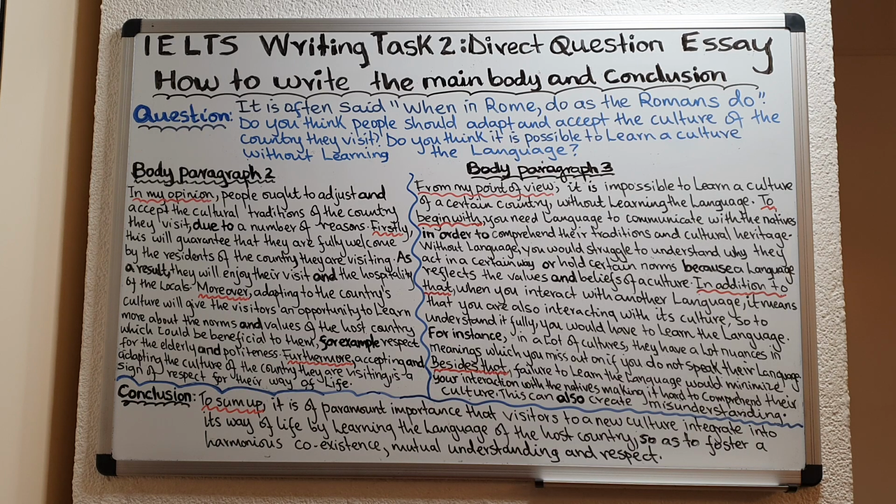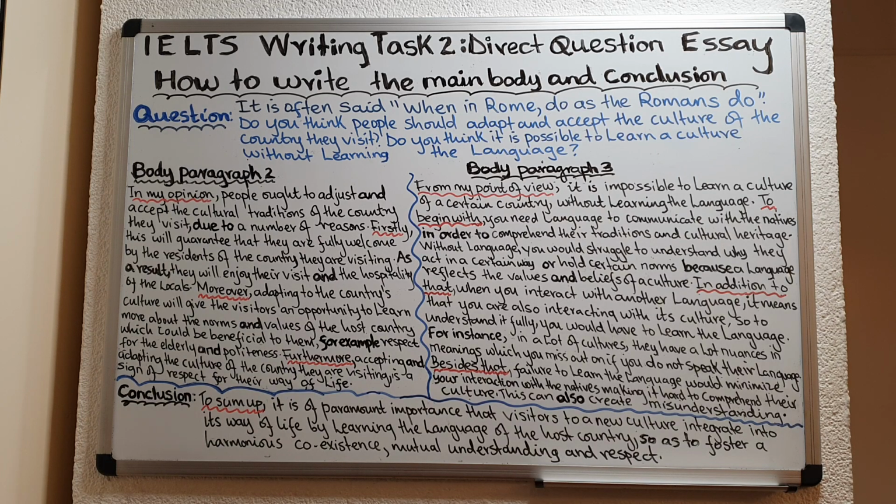So how do you write body paragraph 2? We need to answer the first question. Do you think? So the first part is, do you think? So this question is asking for your opinion. Do you think people should adapt and accept the culture of the country they visit?